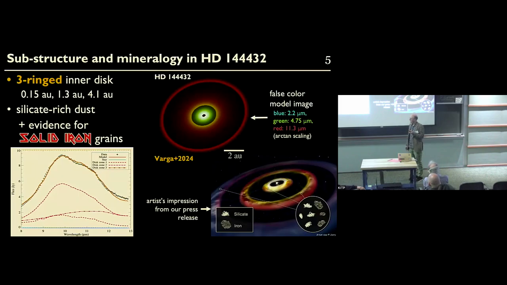We could also do more, because we know that there should be not just silicates, but other dust types in this mix of dust around these stars. So we experimented with two kinds of composition, one with carbon grains and the other with iron grains. We found that the mix with iron grains gave a much better fit to the data. That's evidence for the presence of solid iron grains in this disk.